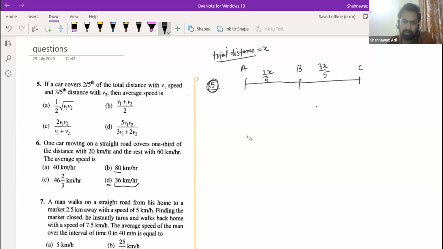Yes. And because they are traveling in different parts, let's say time is t1 in this part, and this is t2. And the velocities are v1 and v2. So what is the average speed? This is total distance by total time.